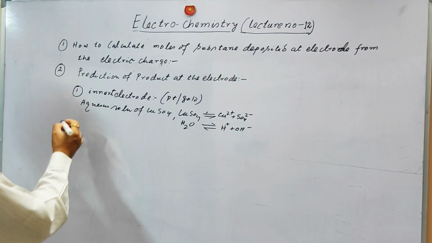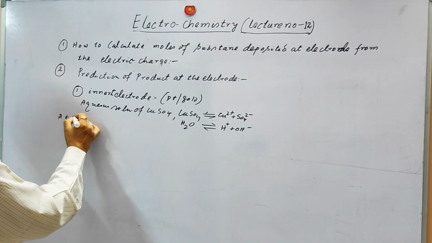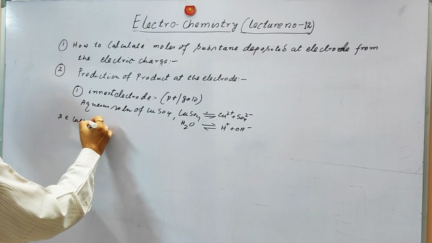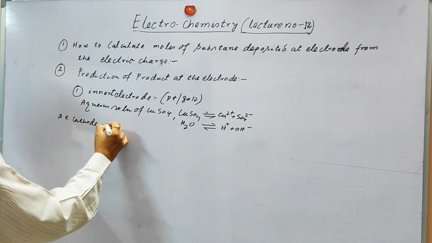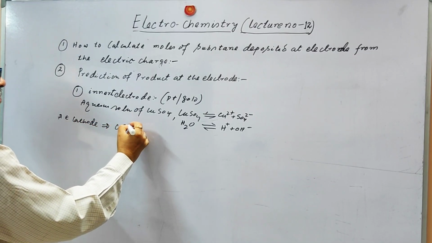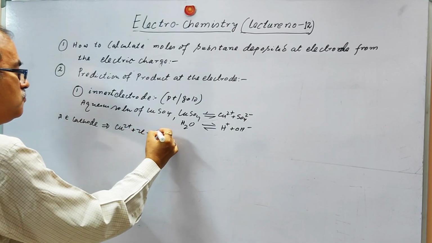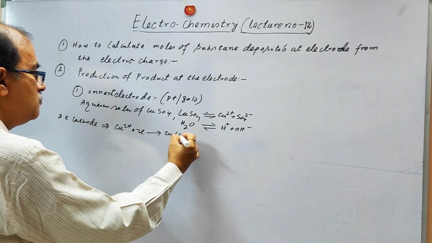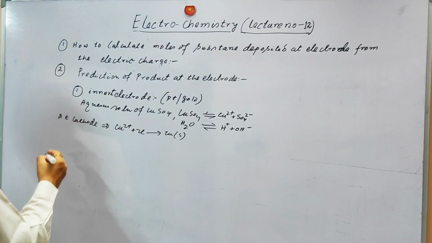So at the cathode, what will the product be? At the cathode, you will find Cu2+ is reduced to copper metal.